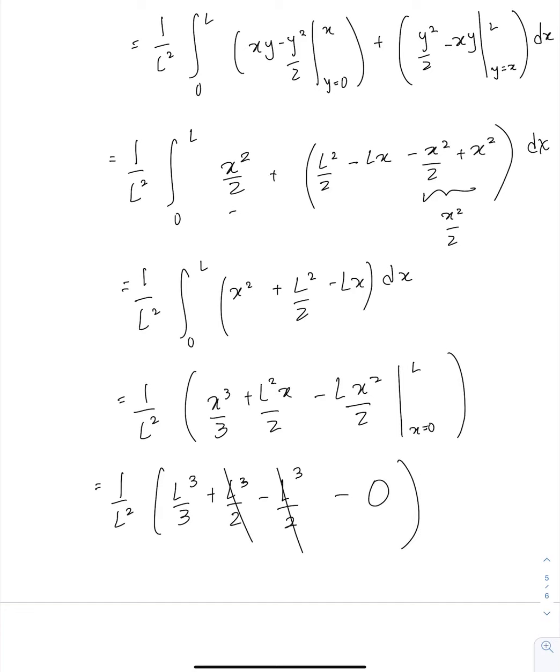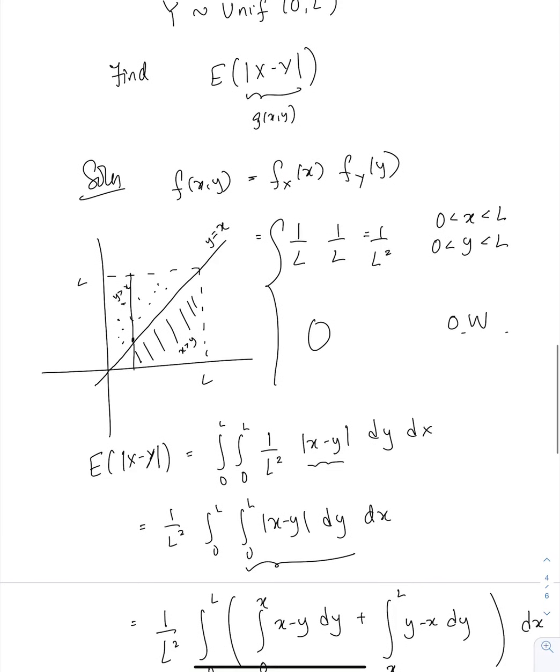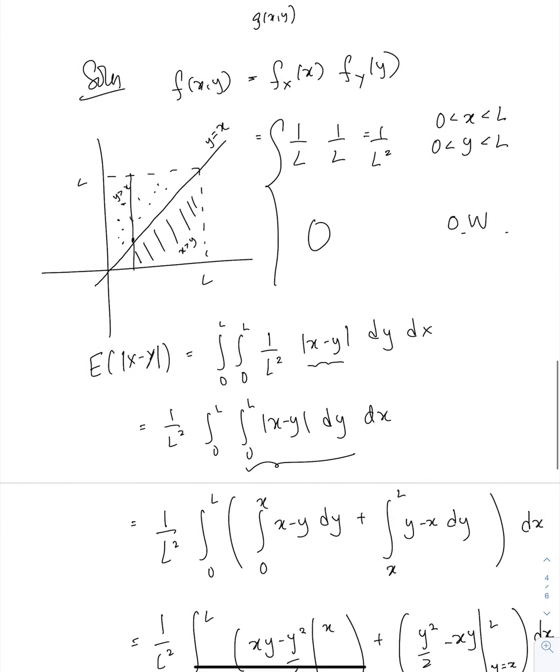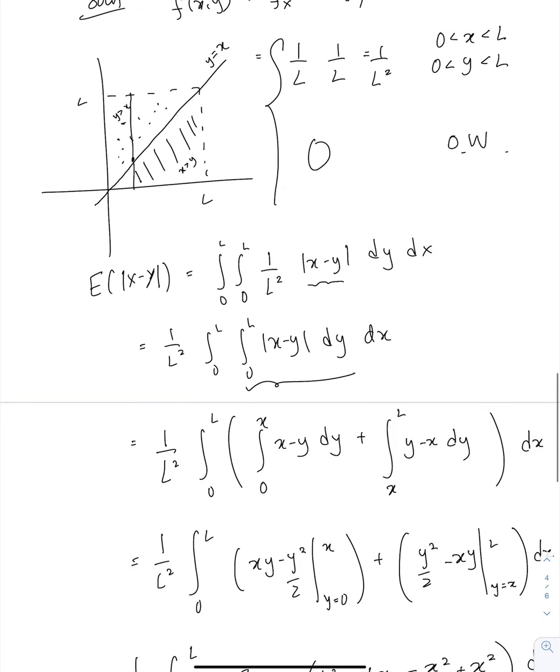Okay, so that's gone and the result is L over 3. Okay, so that's the expected distance between the ambulance and the accident. All right, so it was just a simple application of the formula and just being careful about the double integral like you would have done in Calc 3.